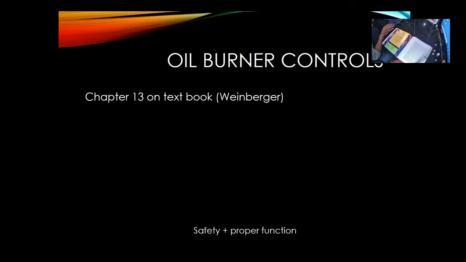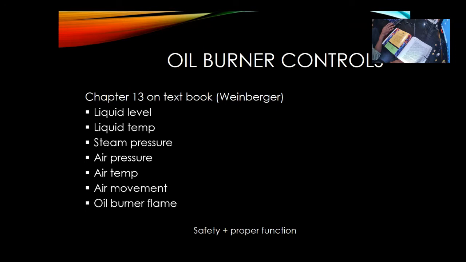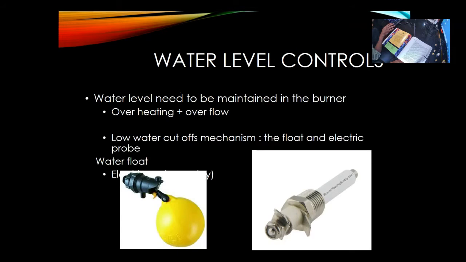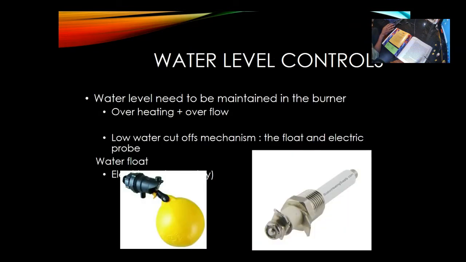Chapter 13 has more oil controls, and some of the examples in the Weinberger book are liquid level, liquid temperature, steam pressure, air temperature, air movement, and oil burner flame. All these controls work together to have the proper, safe operation of the oil burner. This is an example of water level control.